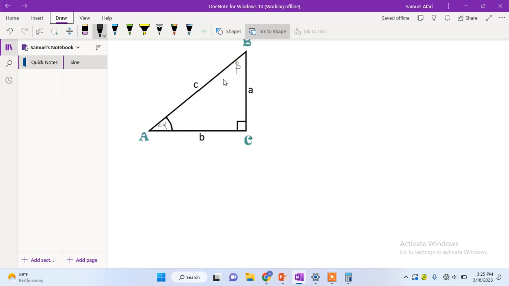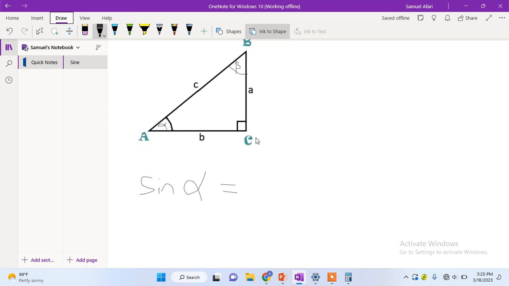We know that looking at cosine and sine, sine alpha is going to be what? Using SOHCAHTOA, opposite over hypotenuse. Is that not it? What's the opposite?